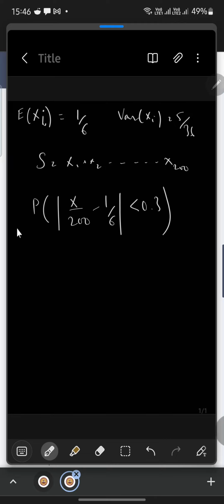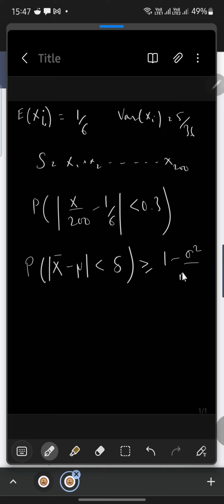The weak law of large numbers gives the statement that the probability of mod of x minus mu being less than this bound, let us say delta, is greater than or equal to 1 minus variance upon n into delta square.